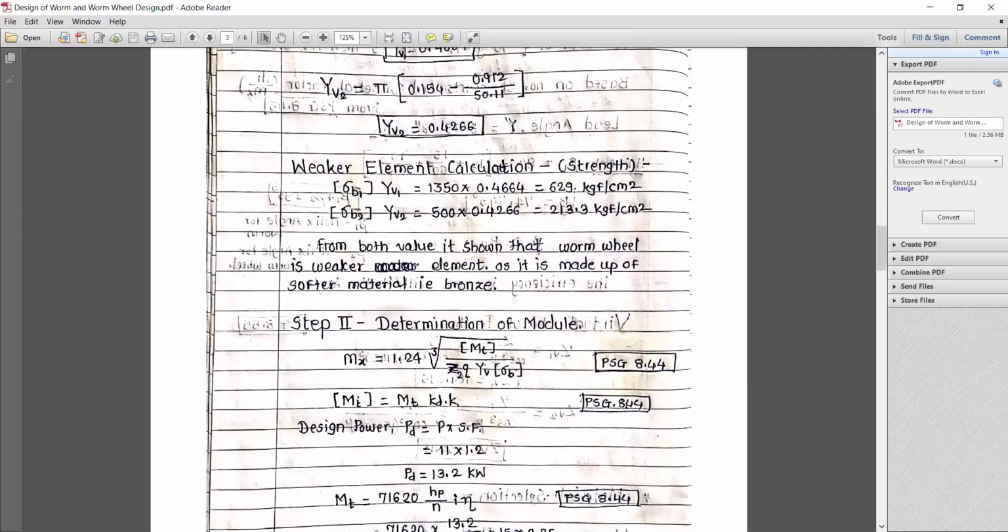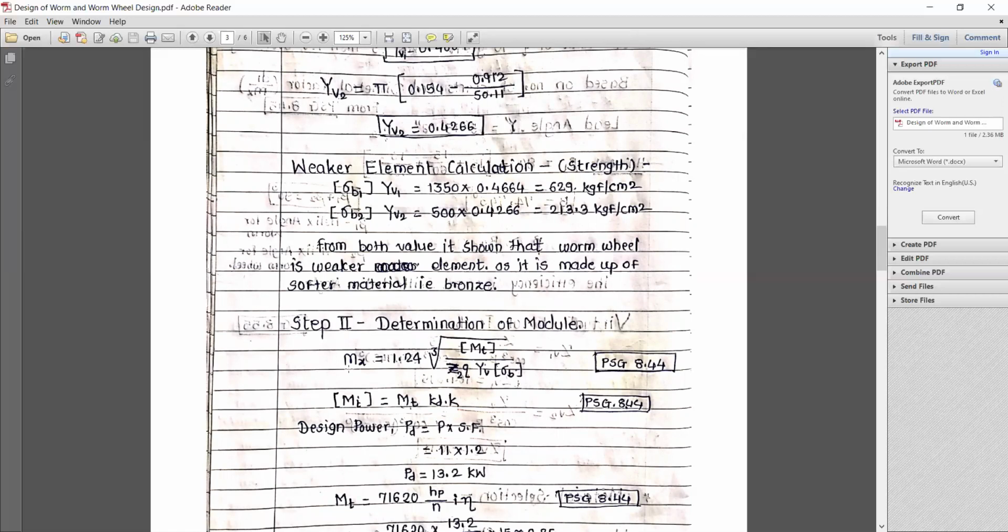Now we need to determine the weaker element. The product of design bending stress and the Lewis form factor will give the strength, and based on that strength comparison, we decide the weaker element. Sigma B1 into YB1, what we get is 629 kg per centimeter square.